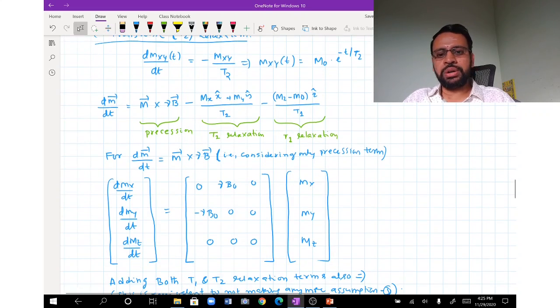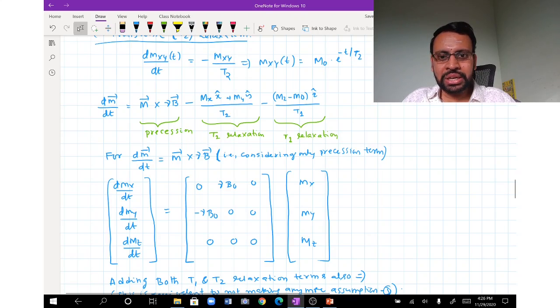Now we want to write expressions for dmx by dt, dmy by dt, dmz by dt. When only this term is there, we have done this cross product and written this expression. Now you have these two additional terms as well, along with this matrix, so we need to include these. It is just a linear combination you could see here.